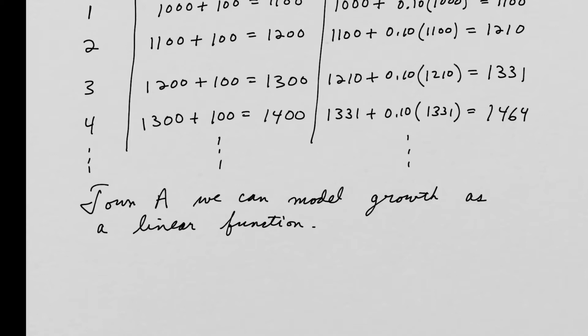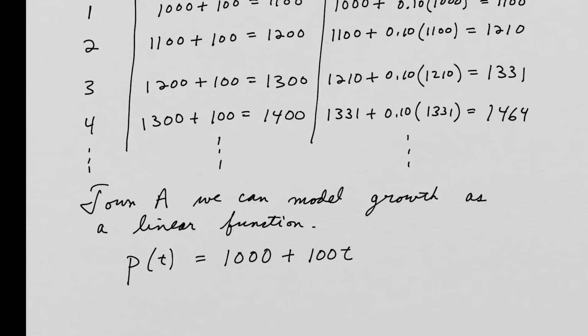In fact, if I call the total population P, it's going to be a function of the time in years. I'll call the time in years T. Well, that's just equal to 1,000, the initial value, plus 100 times T. It's just a linear equation. If T is 1, then it's 1,000 plus 100 times 1. If T is 2, it's 1,000 plus 100 times 2, and so on. So town A is exhibiting linear growth.